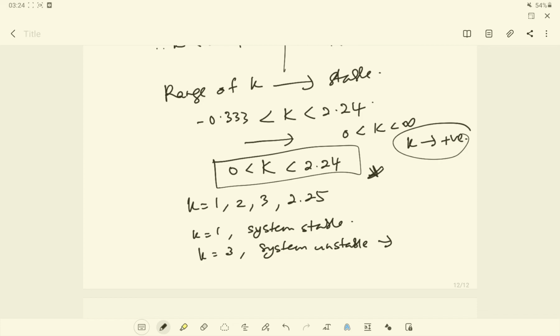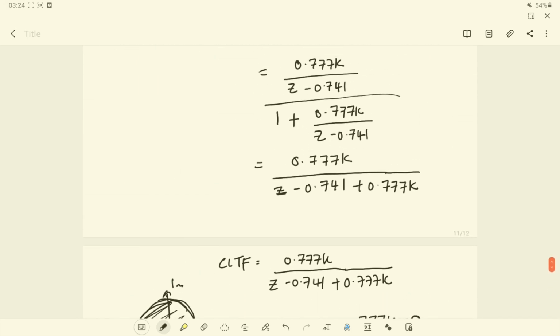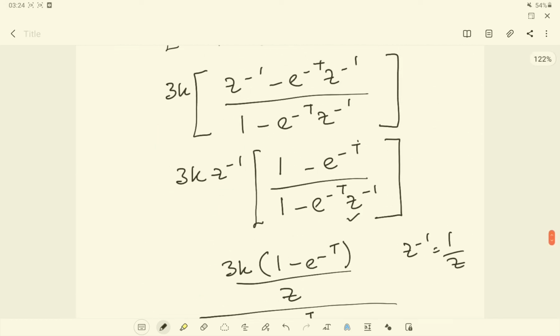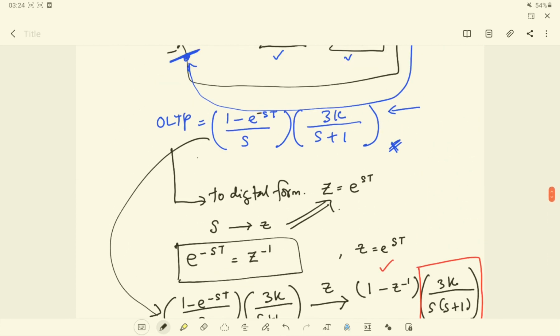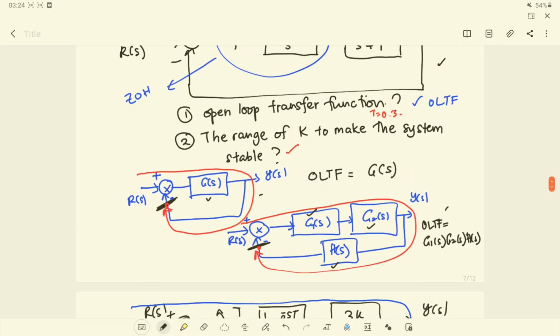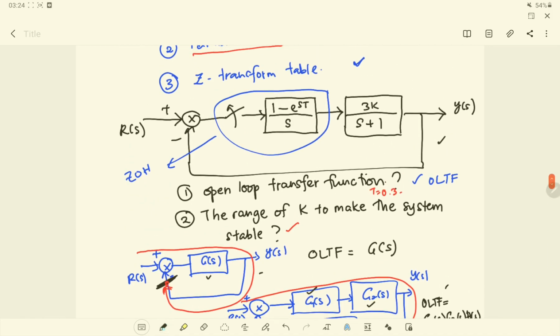However, please bear in mind, when you get these types of questions, first you have to find the open loop transfer function.